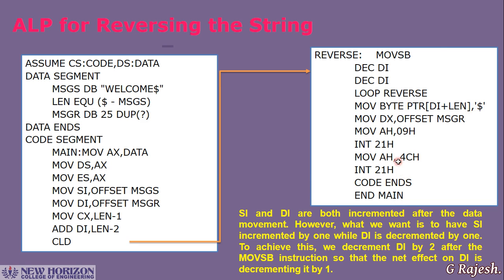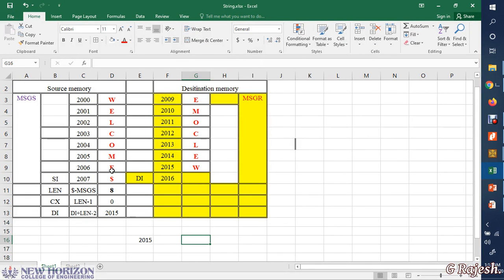Okay, so MOVSB. So E is copied, and SI is incremented by 1, and DI is incremented by 1 and then decremented by 2. Now it is pointing to the $ sign. Okay, so now what happens?